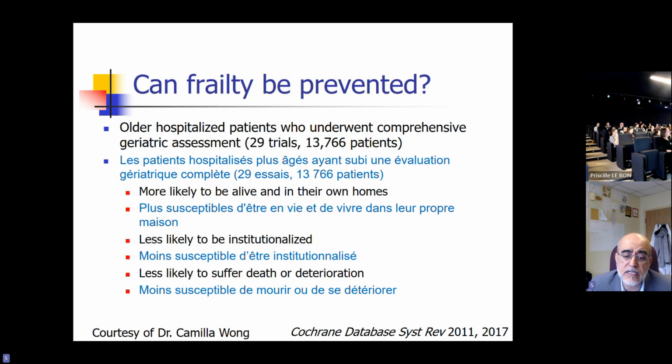So the Cochrane database does high-quality systematic reviews of the literature, and they have done multiple reviews in geriatric assessment, not only of frail people, but the idea is that geriatric assessment is the best way to identify frailty.